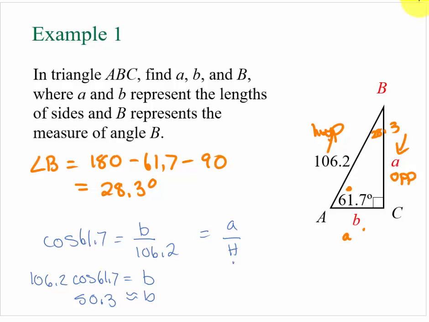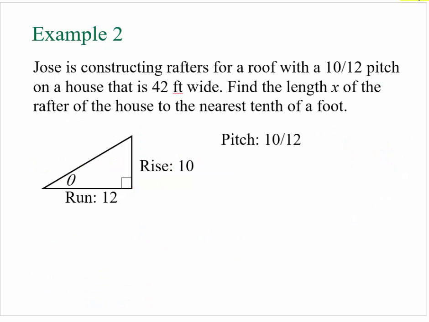Now I have all three sides and I have all three angles. Just to let you know, I could also have used the Pythagorean theorem to solve for b, knowing that I already had two sides.